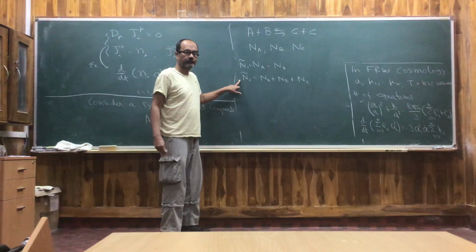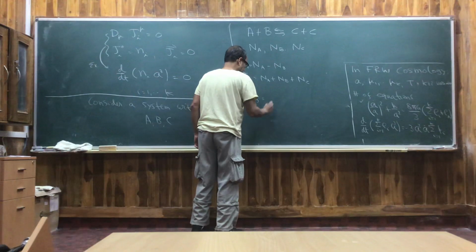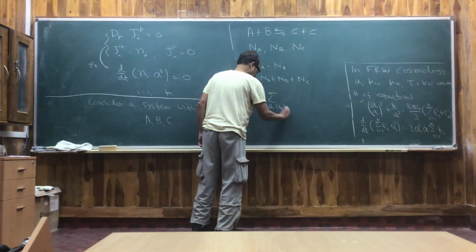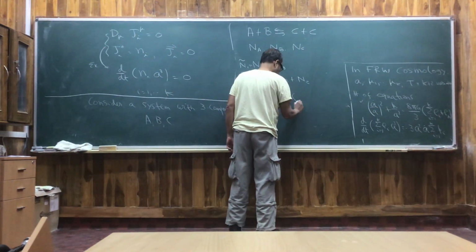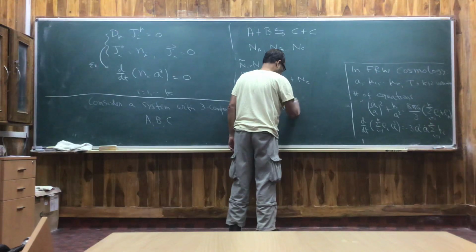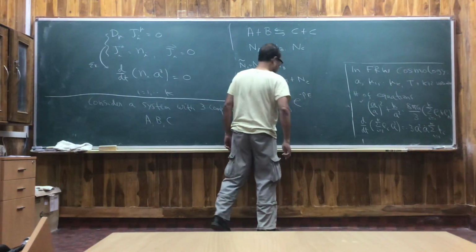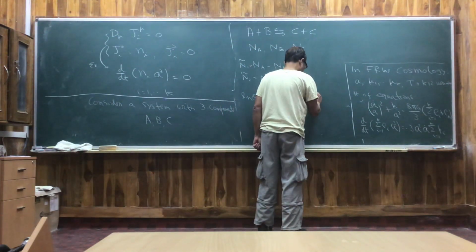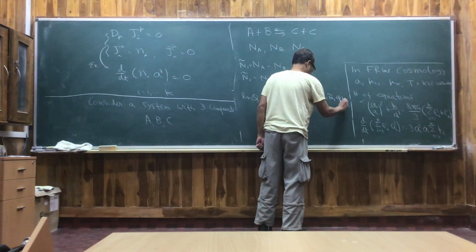So Q, when you define it, is the sum over all states of both systems of e to the minus beta E, but plus beta mu1 tilde n1 tilde plus beta mu2 tilde n2 tilde.